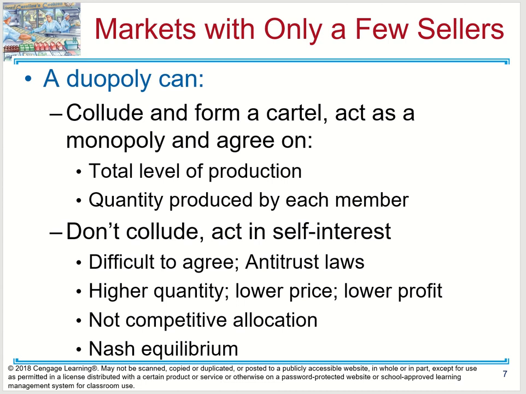But collusion as a cartel is better than not colluding, because if you collude, you can charge a higher price than before. But if everybody just acts in their self-interest, doing what's best for themselves, the price will be lower, the quantity will be higher, and then profit will go away. Okay, and this is called the Nash equilibrium. I will show you what that looks like later.